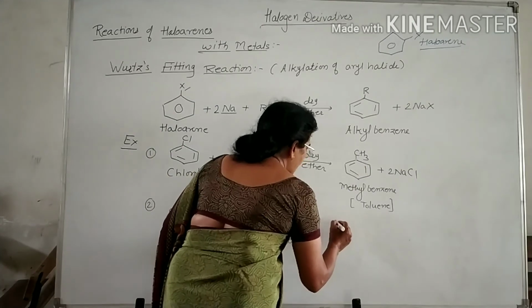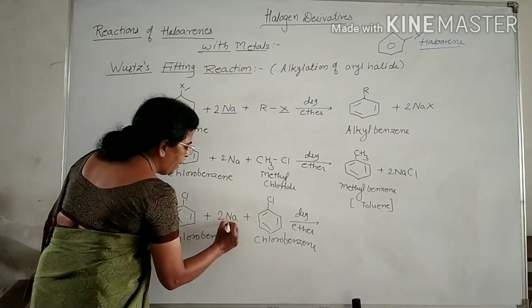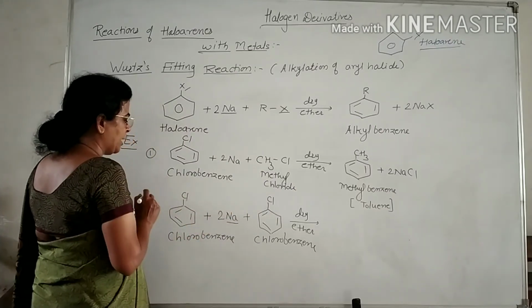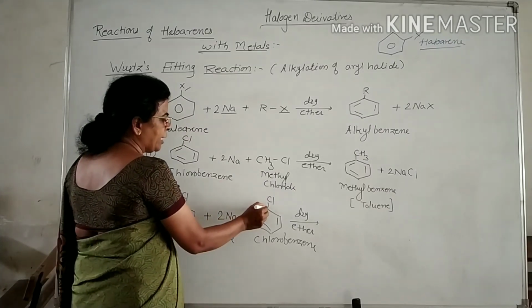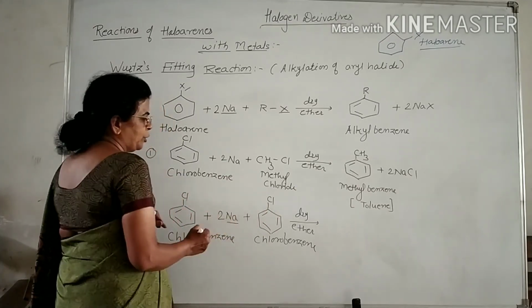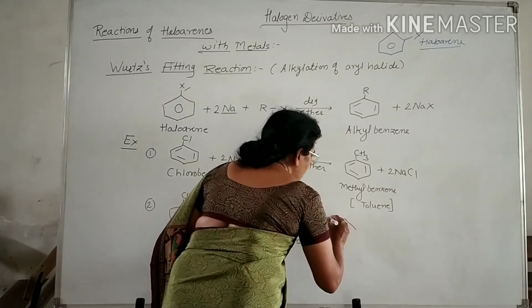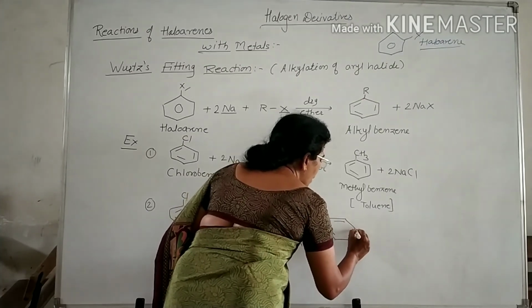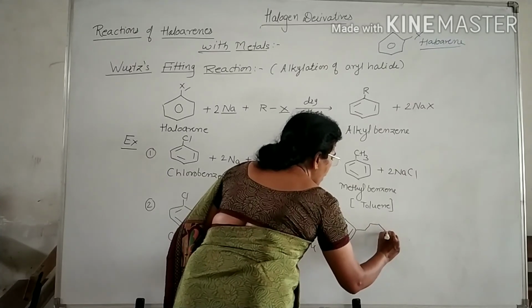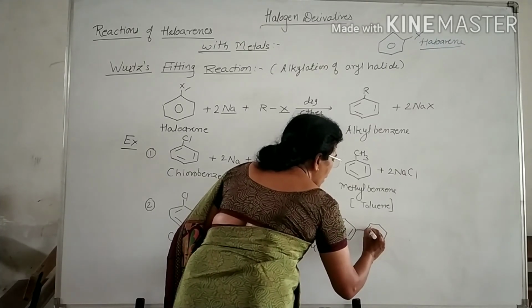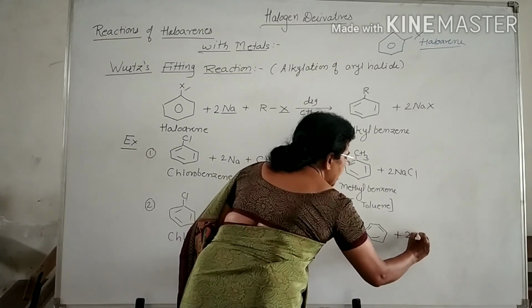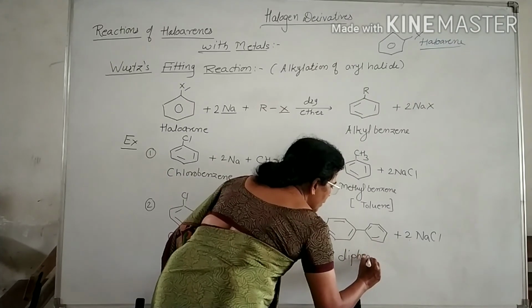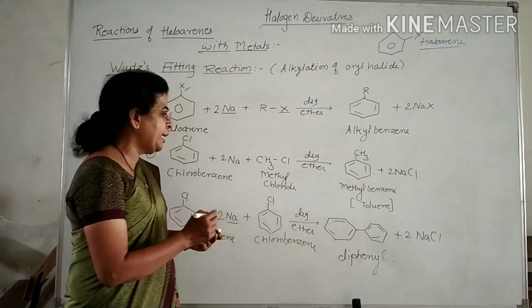Now here this sodium goes with this chlorine and that chlorine to form two molecules of NaCl, and this benzene ring gets attached to the other benzene ring at this position, and we get this compound, plus 2NaCl. This compound is known as diphenyl. Formation of diphenyl takes place.